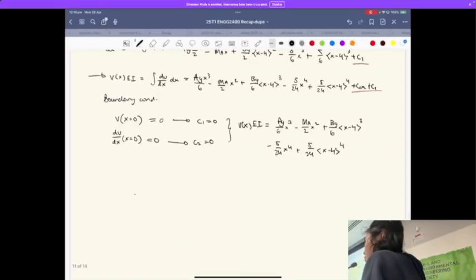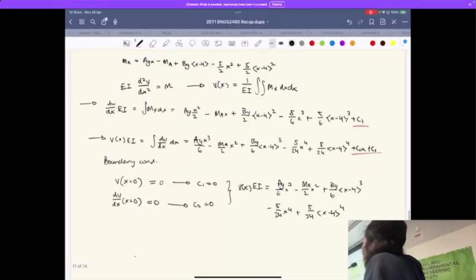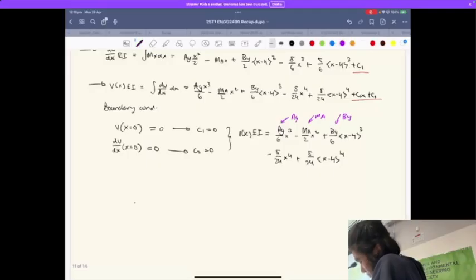And then that's your equation for deflection. And now you'll notice that we have an equation in terms of Ay, Ma, and By. So now we can actually solve it.